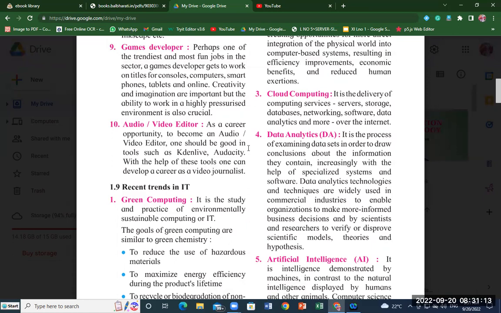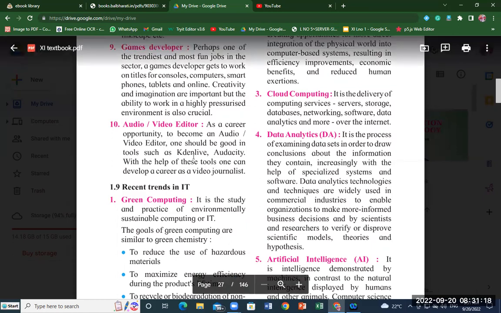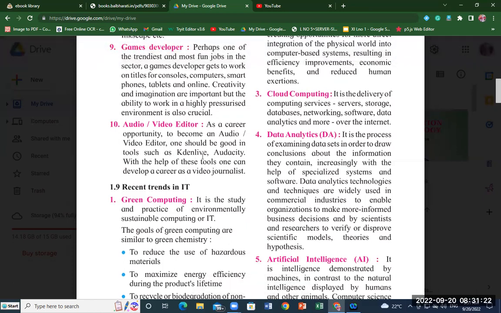Nowadays, we can see many people on Insta and YouTube. As a career opportunity to become an audio or video editor, one should be good in tools such as Gledin Live and Audacity. With the help of these tools, one can develop a career as a video journalist also. So you can edit video and audio.